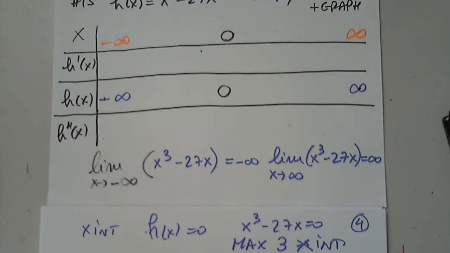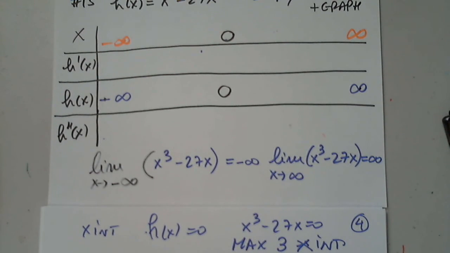The coefficient of x cubed, it's correct. The coefficient of x squared is 0, because there is no x squared. The coefficient of x is negative 27. And the last coefficient is also 0, because there is no free term.